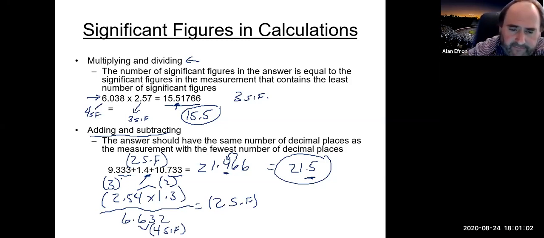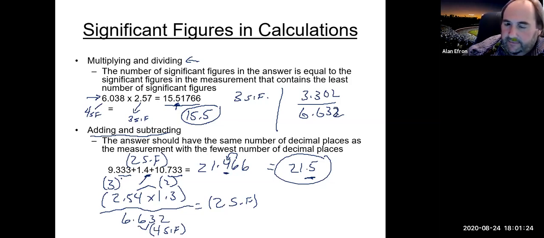So here, for example, if I did the top, I would take 2.54 times 1.3, and that would give me up on top 3.302, and then we would divide it by 6.632.